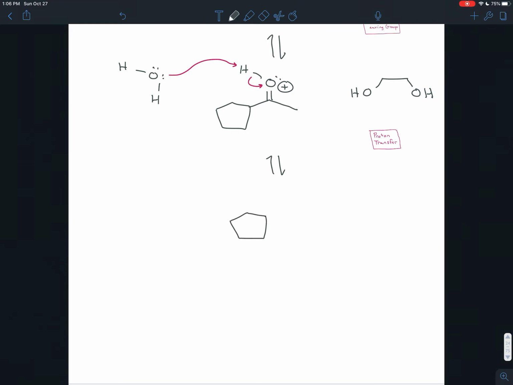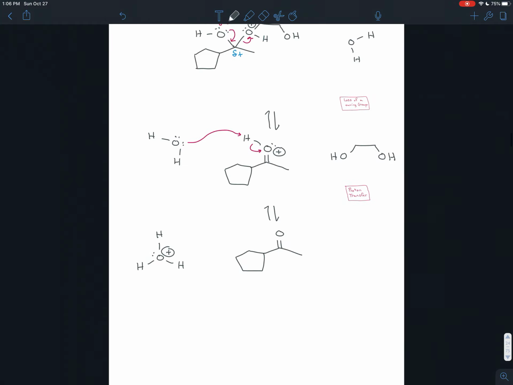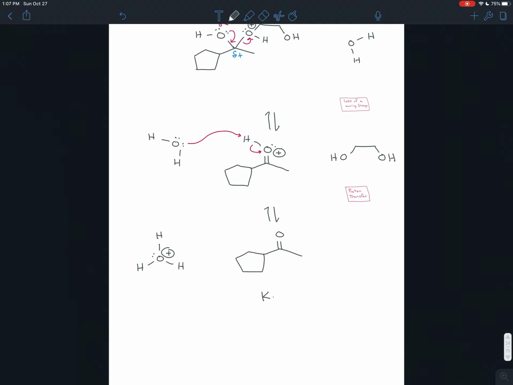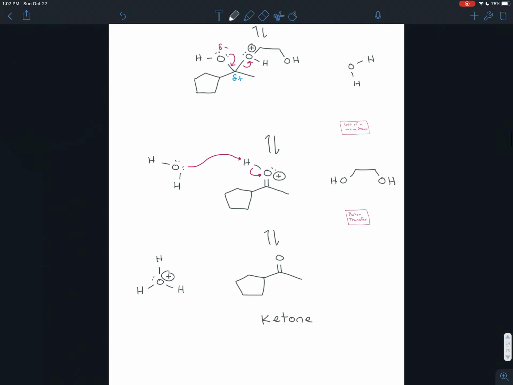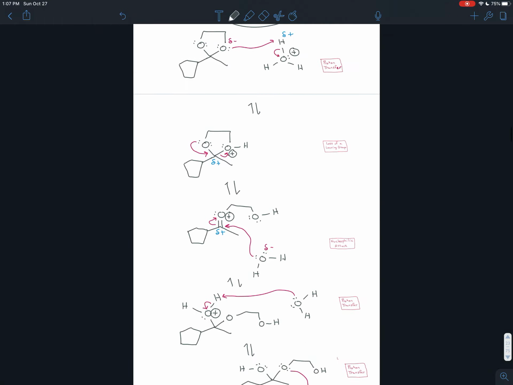And that would give you your ketone and your acid catalyst. So that would be the end of this equilibrium reaction.